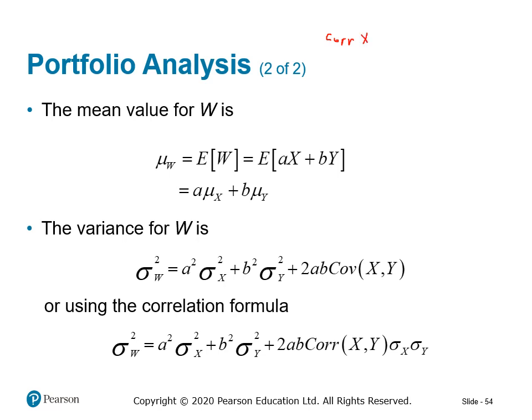the correlation of x and y, I'm writing this horribly, but that's correlation, CORR, is going to be the covariance, COV, of x and y divided by the standard deviation of x times the standard deviation of y.